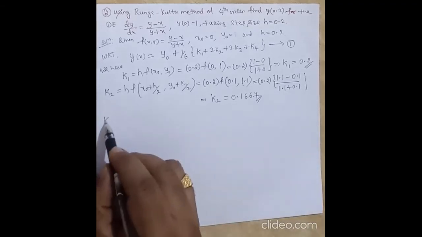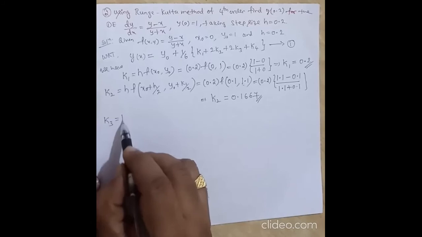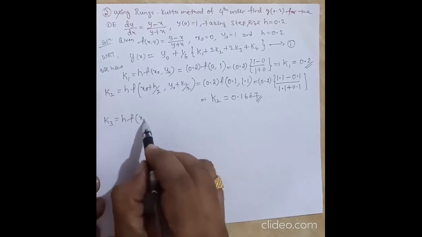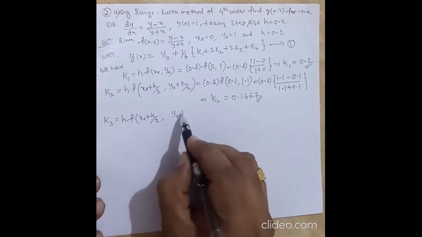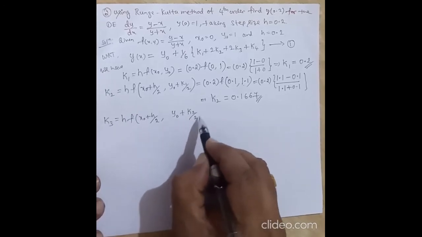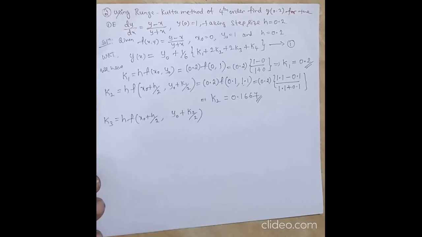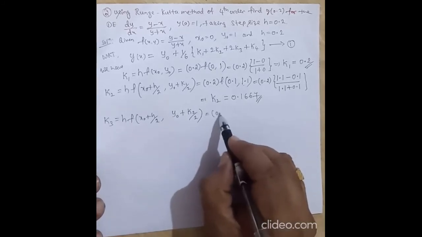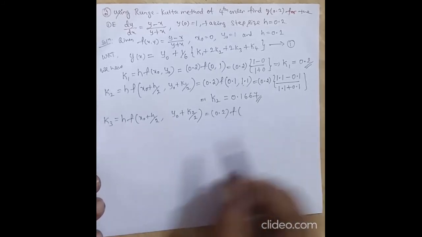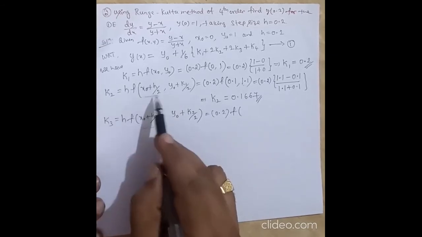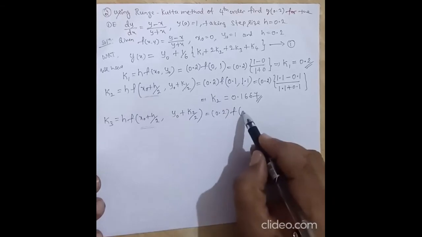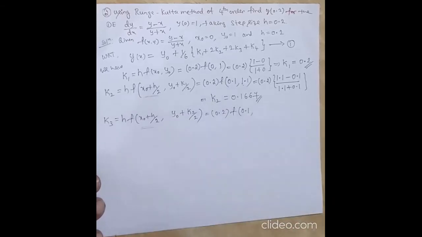Now similarly k3, the formula is h into f of x naught plus h by 2 comma y naught plus k2 by 2. Now this is equal to, h is 0.2 into f of, see, x naught plus h by 2. See, this is same as last problem. We have already calculated. Let us use that value directly, 0.1.